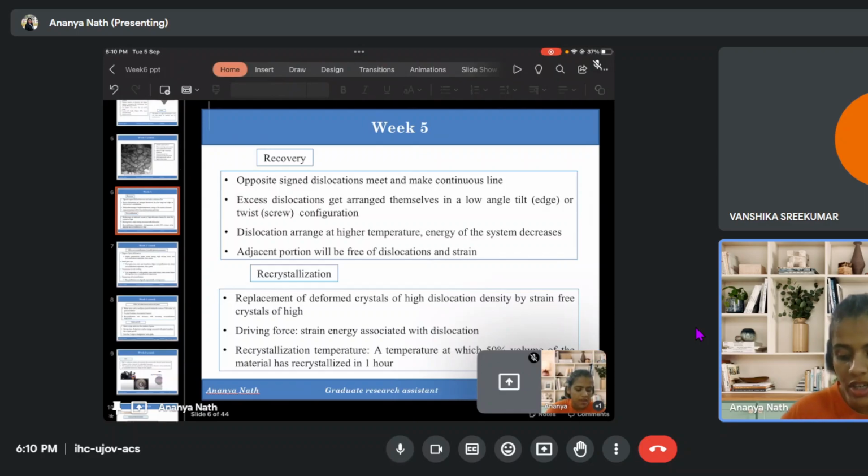For recovery, we have introduced a lot of cold working inside the material. Cold work will introduce a lot of dislocations, which are new dislocations. These dislocations can interact with the previously grown old dislocations, or they can interact among themselves, because the number of dislocations is so high, like 10 to the power 5, 10 to the power 6.